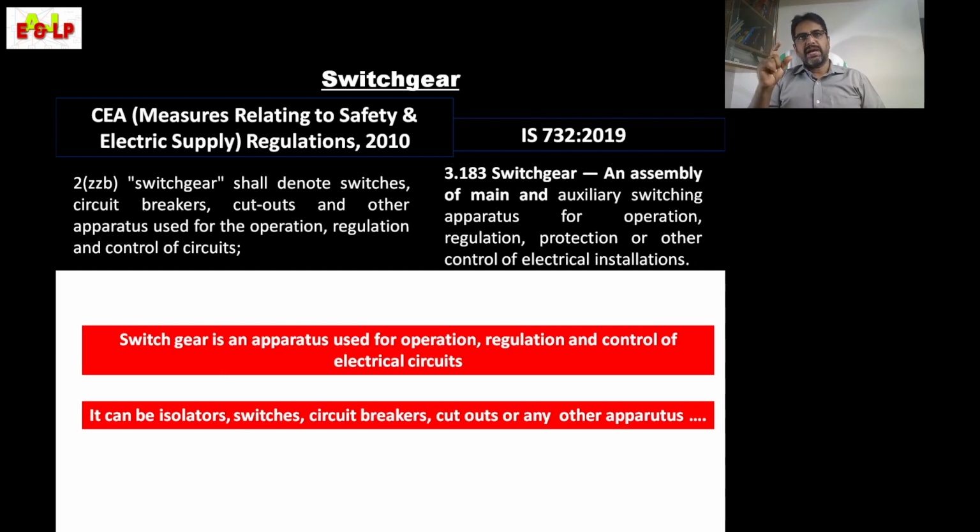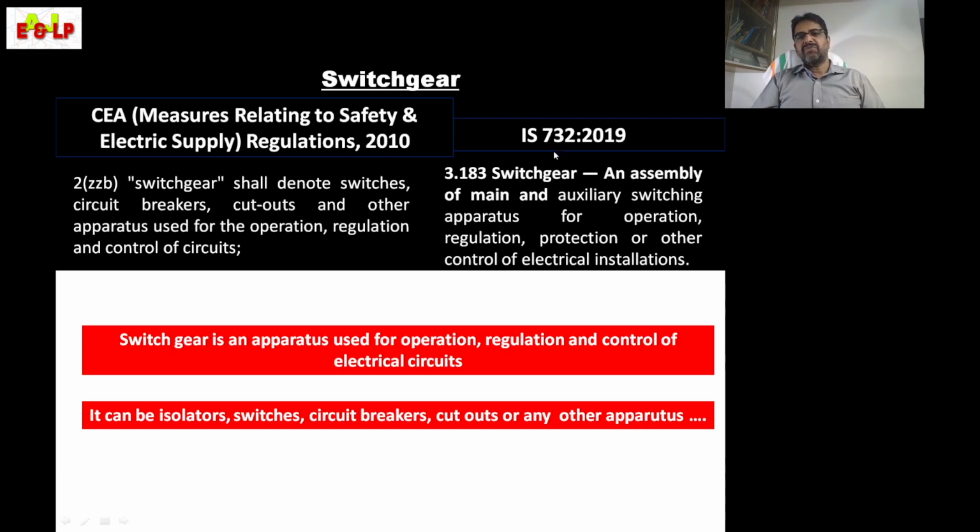See here the definition of switchgear as per this regulation and IS 732. Switchgear itself is a basic term. Switchgear means what we studied so far: isolator, switch, circuit breaker, or whatever controls the circuit is called switchgear. See the definition here. Switchgear shall denote switches, circuit breakers, cutouts, and other apparatus used for the operation, regulation, and control of circuits.